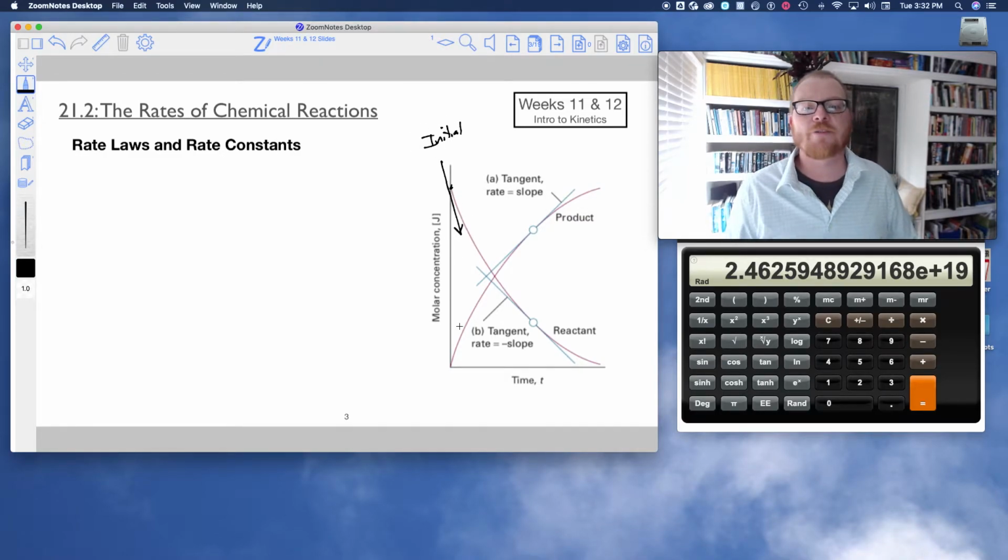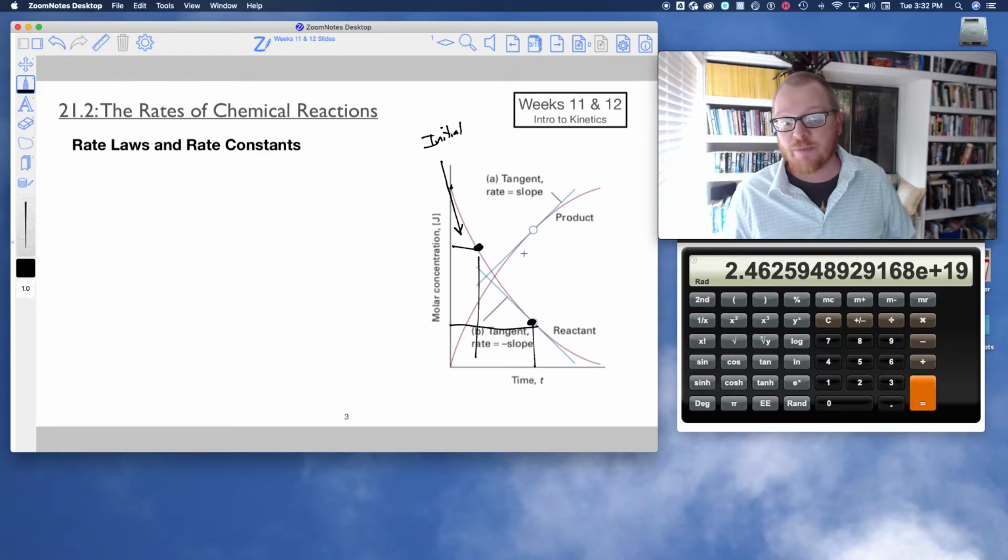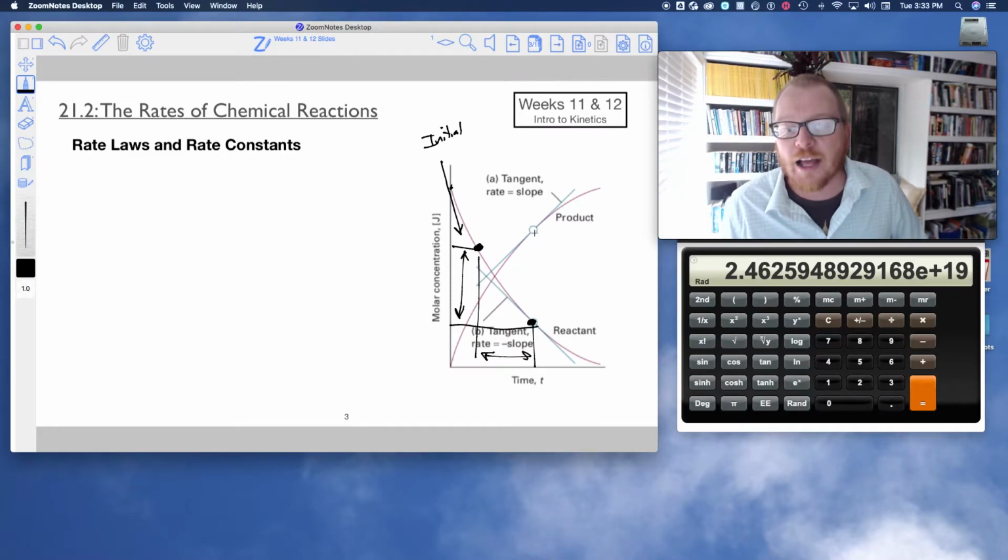We have what would be called the average rate, which would be if I looked over a much bigger range. So if I looked at this point all the way down to this point and calculated the rise over the run, that would give me the average rate. And if I looked at this point right here, that would give me the instantaneous rate.